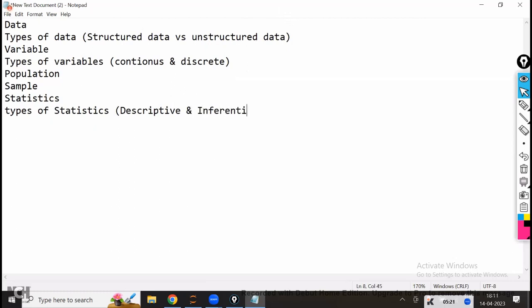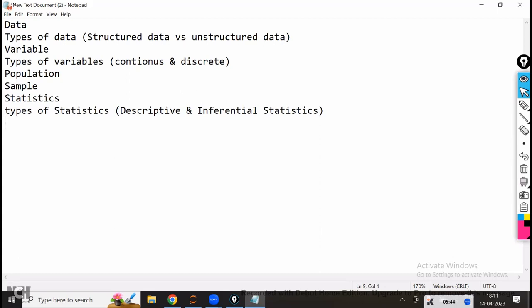Descriptive statistics means just describing the data. Inferential statistics means inferencing, that is, estimating the population data based on the sample data.